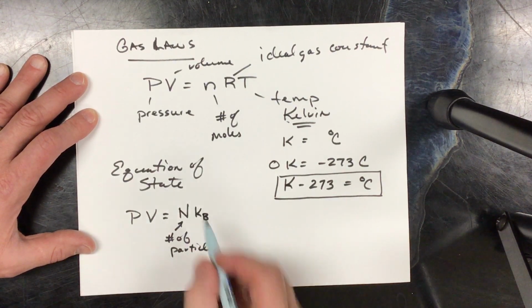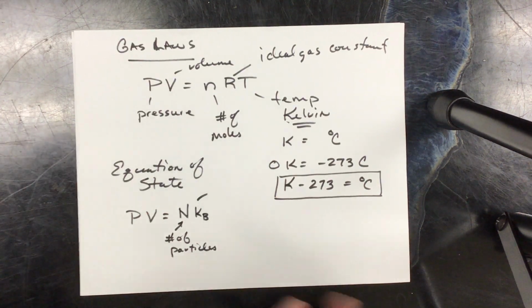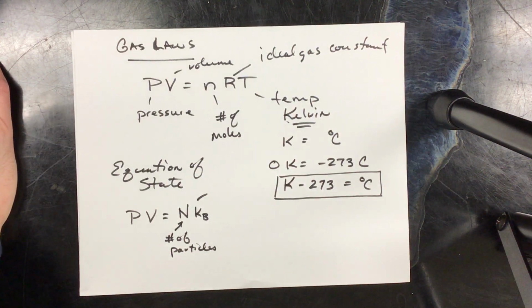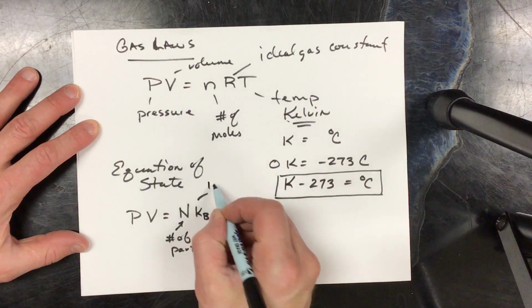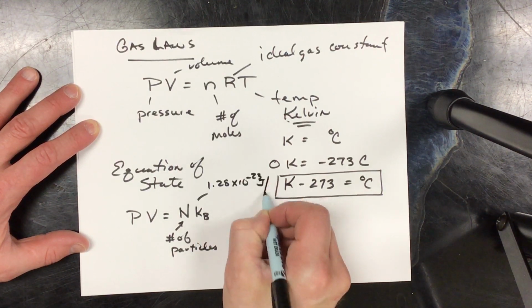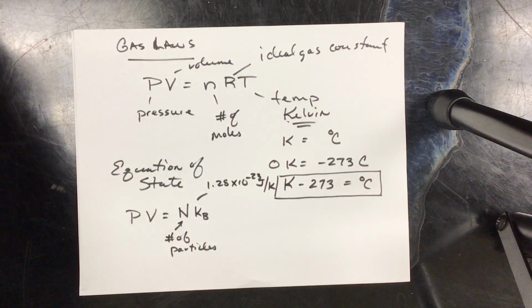Instead of R, it's going to be kB, which is Boltzmann's constant, and it should be in your book, 1.38 times 10 to the minus 23 joule per Kelvin, so it's a small number. Just a second here, I gotta double check that number.